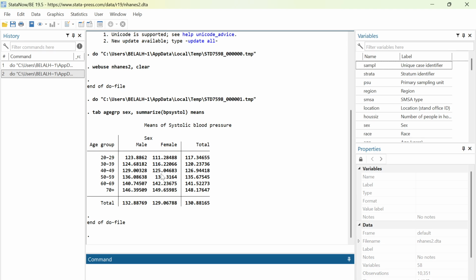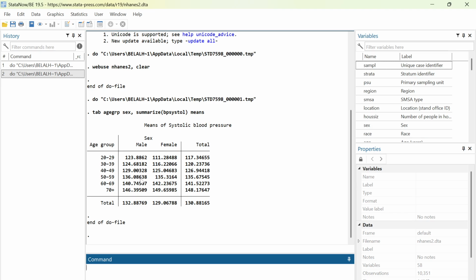So what you can see is that this increasing pattern of age in systolic blood pressure is not the same for male and female. Rather, towards the younger age groups, male has higher mean systolic blood pressure than female.